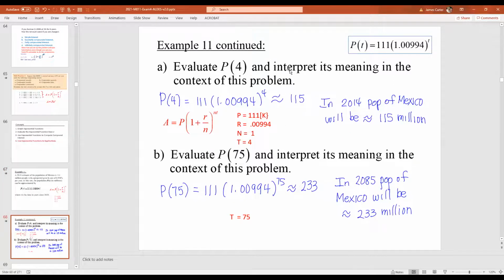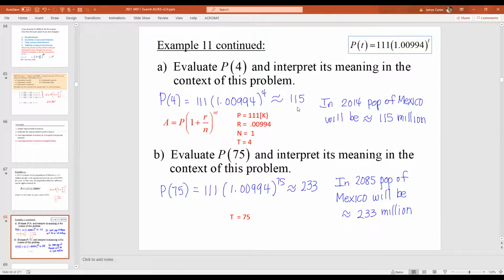All right, so let's continue this. What if you wanted to know in 2014, 4 years later, what's their population going to be? Well, you take the 111, the 1 plus 0.00994 over 1 gives you this, and 4 years, since n is 1.